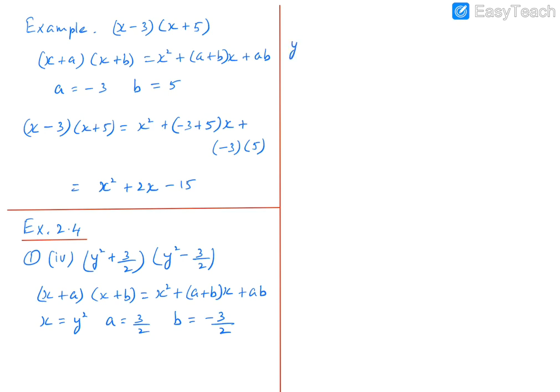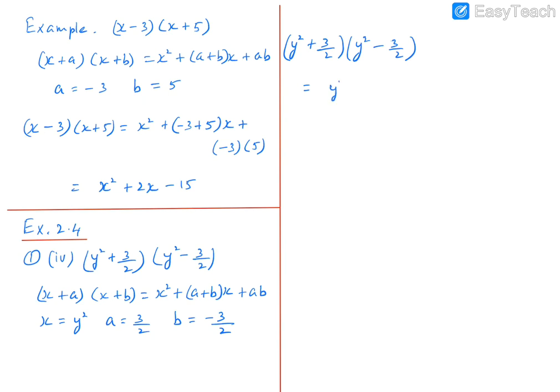So y square plus 3 over 2 into y square minus 3 over 2. That will give us, in place of x we have y square. So here we need x square, but x is y square.